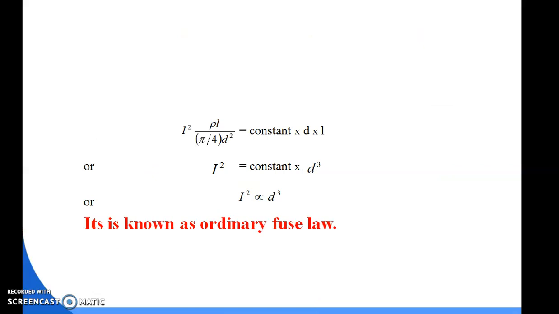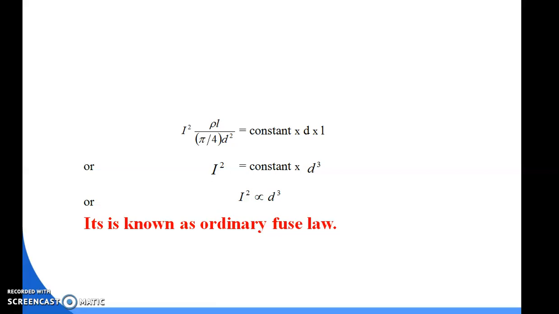So I square rho L by pi by 4 D square is equal to constant into D into L. By cross multiplication you will get I square is equal to constant into D cubed. So I square is directly proportional to D cubed. It is known as the ordinary fuse law. Clear, all of you?